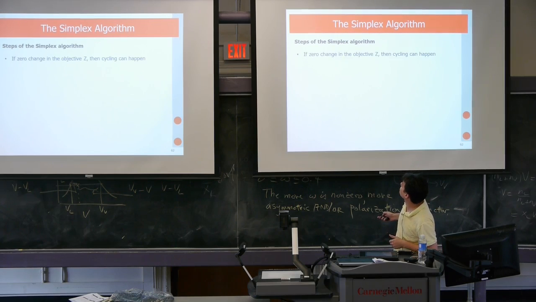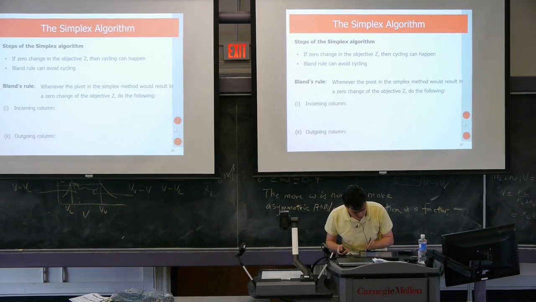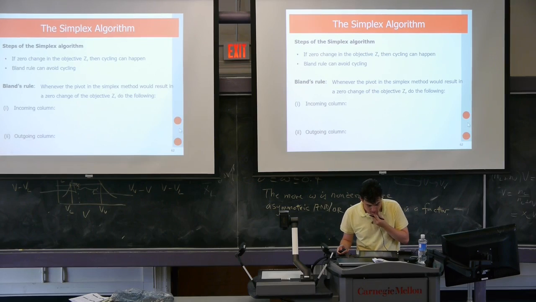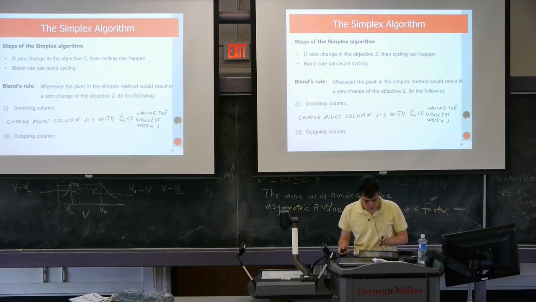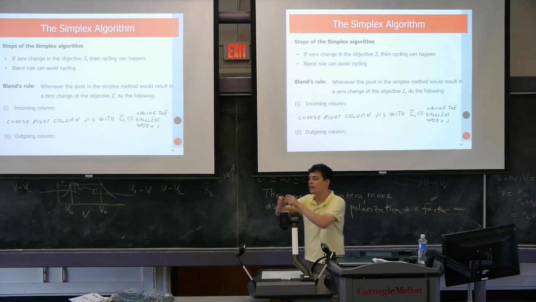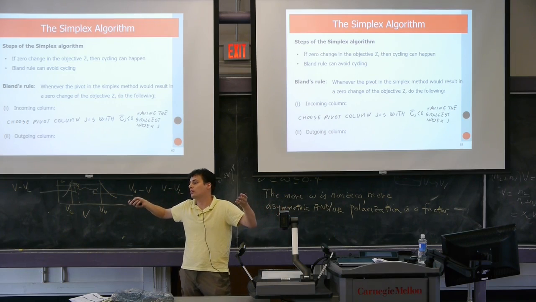One is the so-called Bland's rule, where they just say if the cost function doesn't change, then you can choose that column where the index is smallest. So there was this question that if we have many negative cost coefficients, then we can choose any of them.